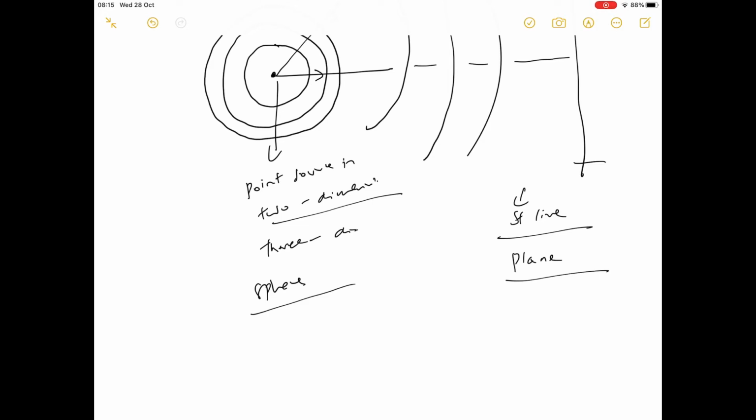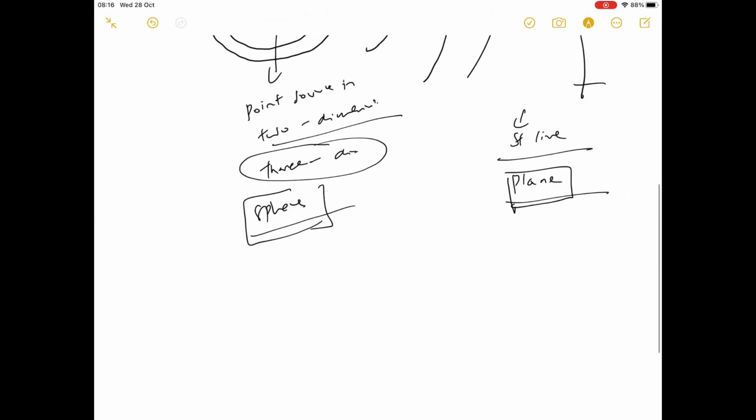A point source producing a two-dimensional wave produces a circular wavefront, and that circular wavefront becomes a straight line at great distances from the source. When a point source produces a three-dimensional wave, like shining a torchlight in the night where the spread is in all directions, then you have spherical wavefronts, and at very far away from the source of that disturbance, we can treat the wavefront as being plane.